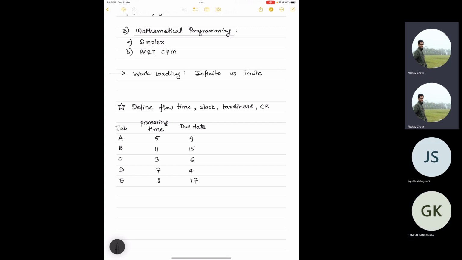In normal terms, you can say job means the designation of the person. But for this discussion, job means a component or unit that is to be manufactured or produced. Yes, sir. Thank you, sir.